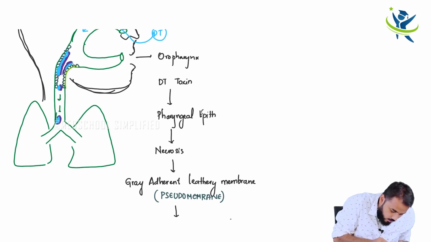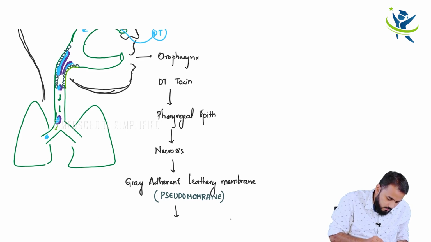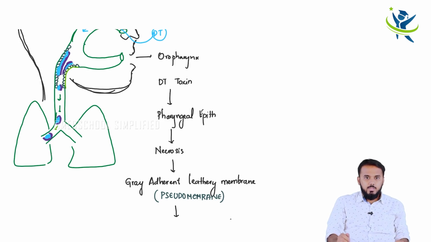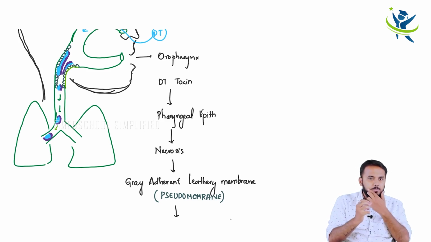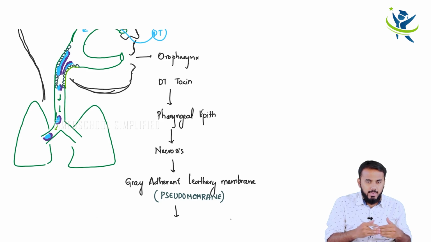And finally what is going to happen is that, look very clearly at the picture now, it is going to obstruct your airways. That pseudomembrane detached from the pharyngeal mucosa, came all the way down into your trachea, and finally entered one of the bronchi, in this case the right bronchus, and obstructed the right bronchus.